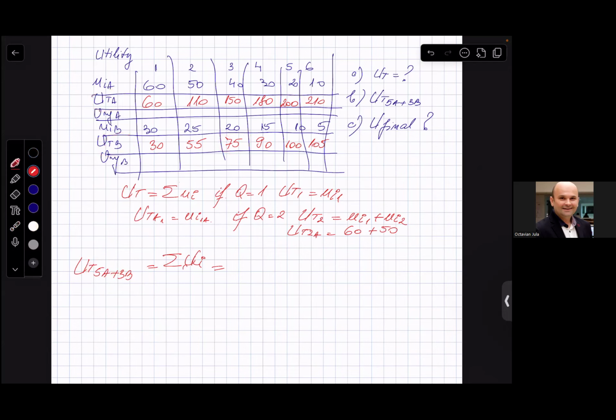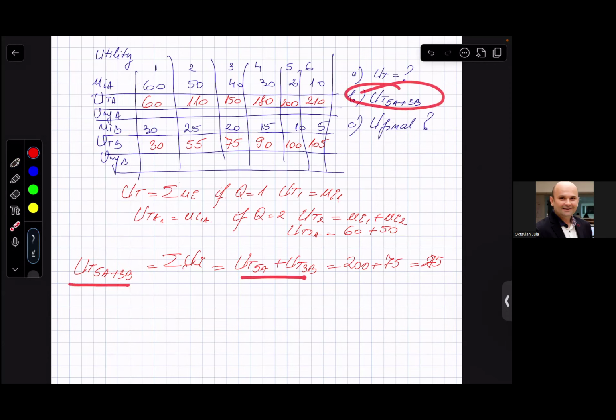The reply should be the total utility of 5 units from A with the total utility from 3 units of B, 275. That will make 275 the final result. So for the question, what is the total utility of 5 units of A and 3 units of B? We add up the total utility for 5 units of A and 3 units of B. Even if the quantities are different, how do we find it? Exactly the same way.